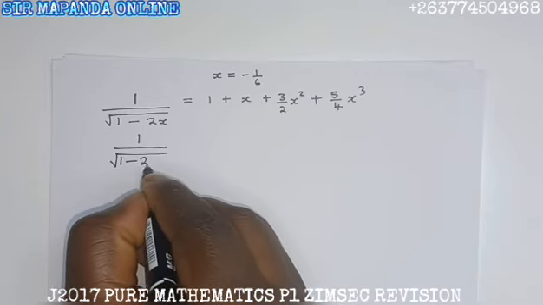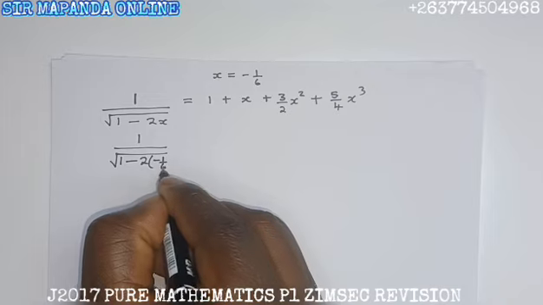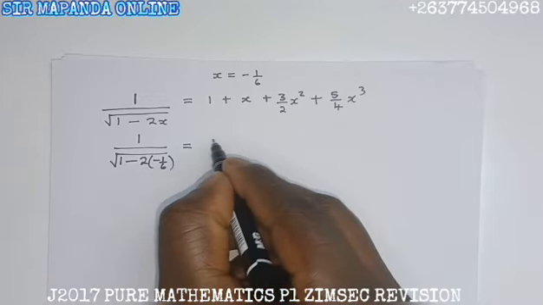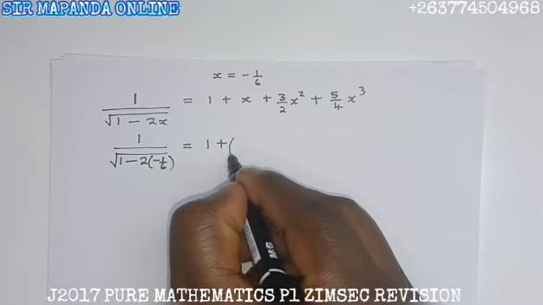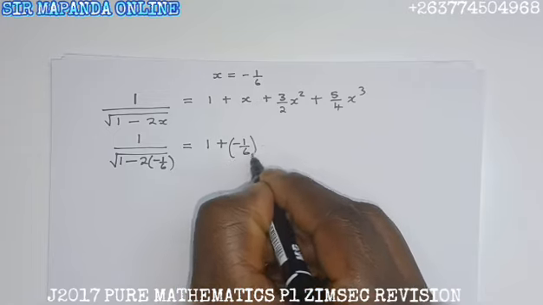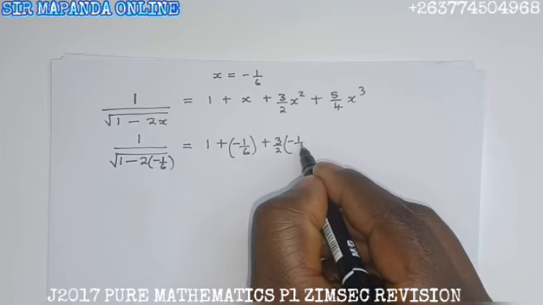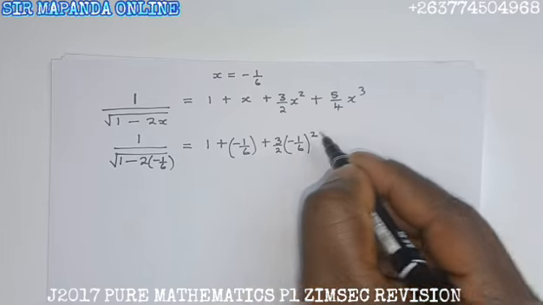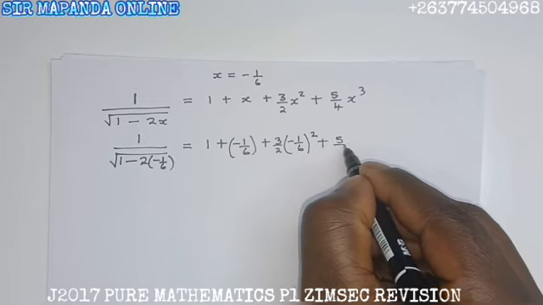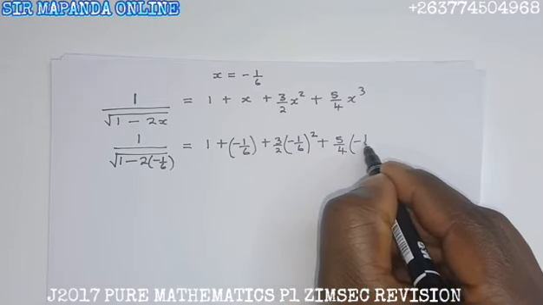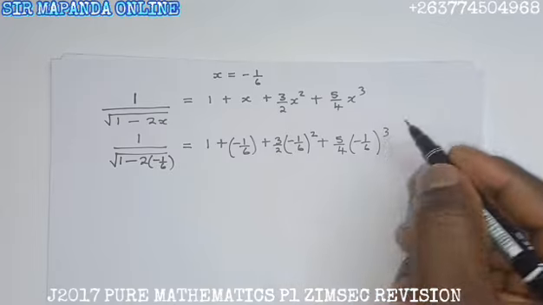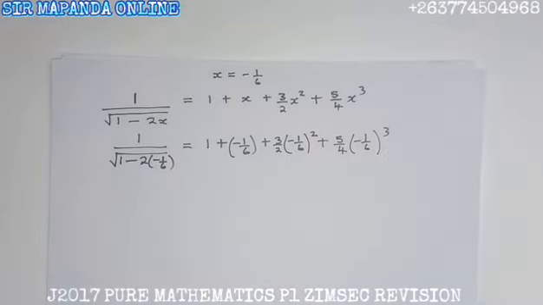So you write 1 minus 2, open bracket, minus 1 over 6, is equal to 1 plus minus 1 over 6 plus 3 over 2, open bracket, minus 1 over 6 squared, plus 5 over 4, open bracket, minus 1 over 6 cubed. So this is the first thing to do, substituting minus 1 over 6 for x on the left side and on the right side.